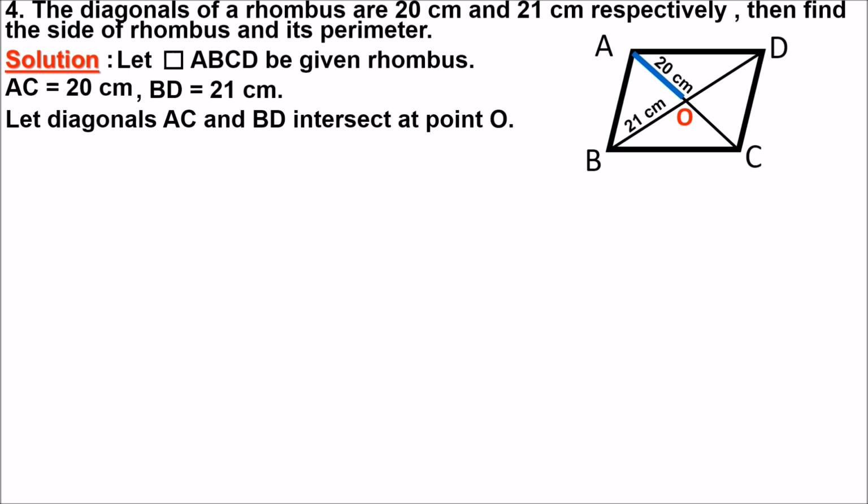Right, OA will be half of AC. Why? Because diagonals of a rhombus bisect each other. They divide each other into equal parts. That's why AO is half of AC.